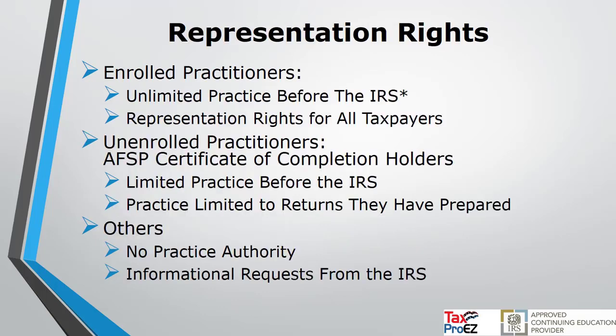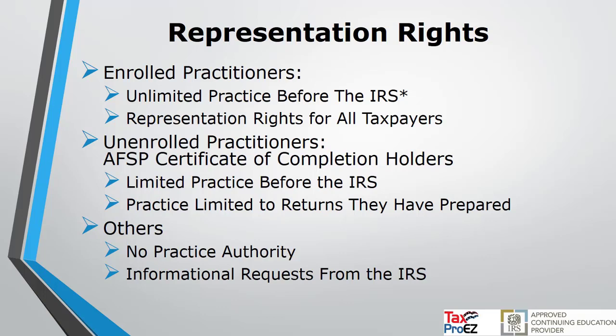Enrolled practitioners have unlimited practice before the IRS. That means that enrolled agents, attorneys, and CPAs have the ability to represent a client at the beginning levels, but all the way through appeals, collection due process, equivalency hearings, the full breadth of representation before the IRS.